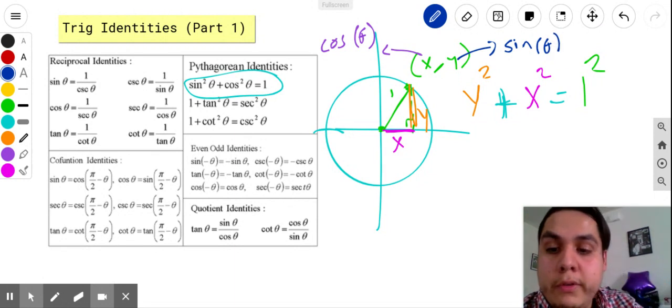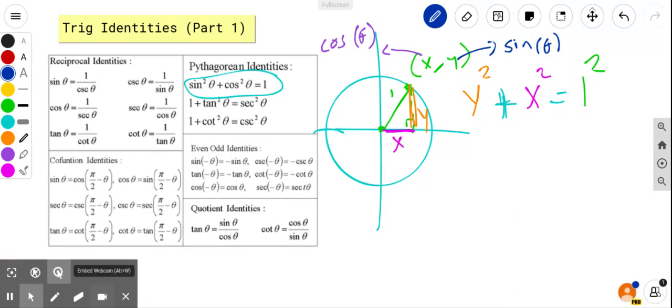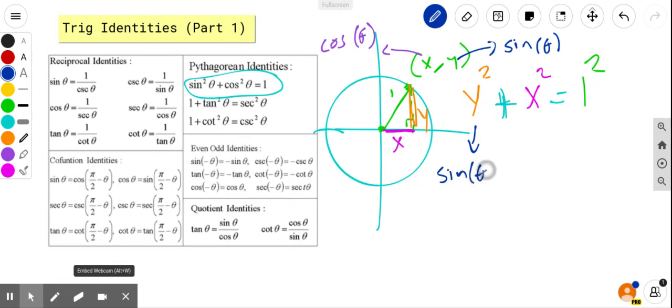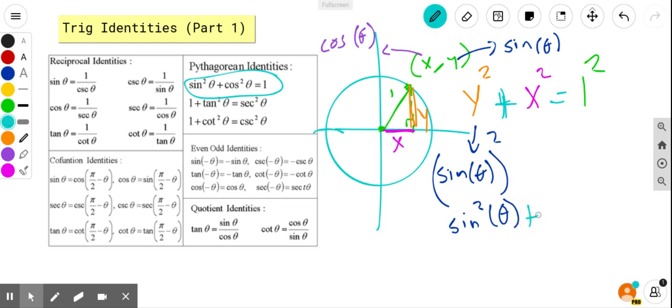And going back to what we were doing last week, if I talk about y squared, well, y squared is just sine of theta squared, which I can express as sine squared of whatever theta is, plus cosine deals with the x, so this is actually cosine of theta squared.